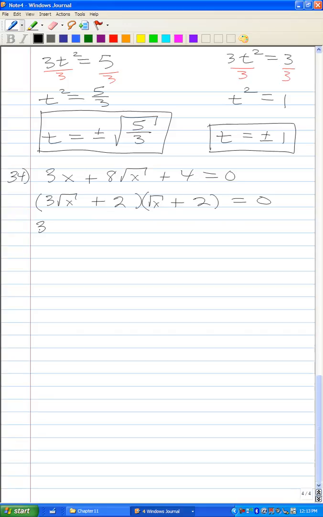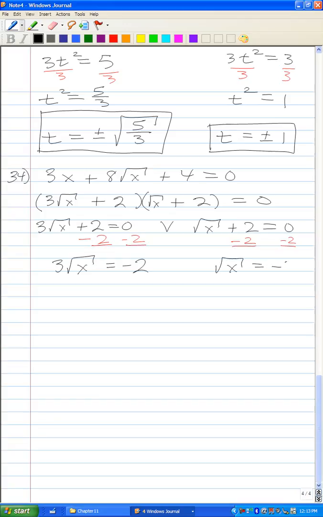Set each factor equal to 0 and solve for x. Subtract 2 from both sides of my equation. So I get 3 rad x equals negative 2.